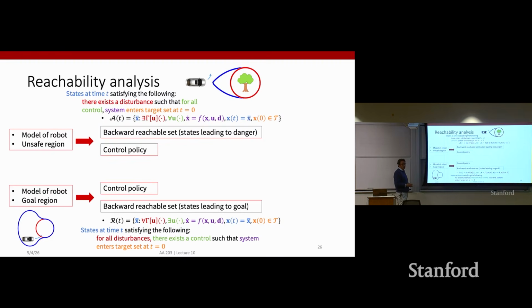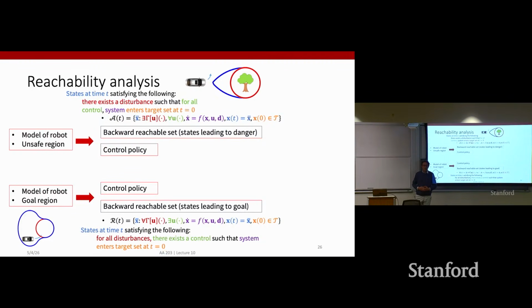And of course, once you have computed this set, you want to make sure that you start outside of it to guarantee safety. For the opposite, the reach set is the set of desirable states, and is defined as the set of states at time t such that for all disturbances, there exists a control such that the system enters the target set at time t equals 0.